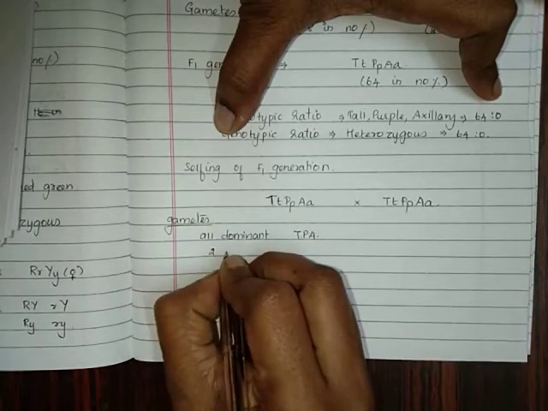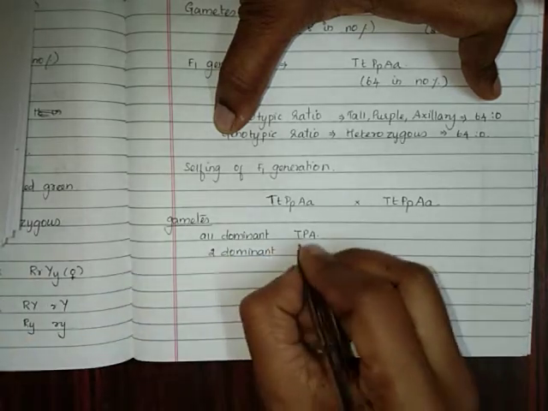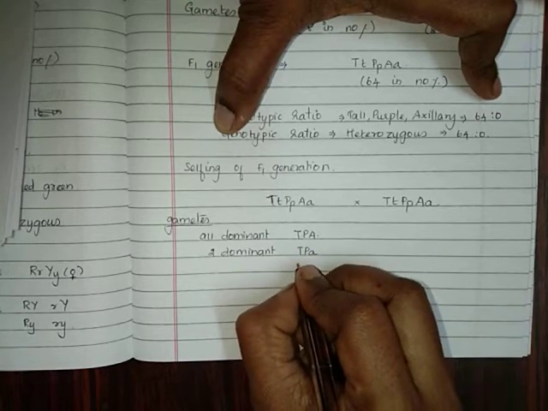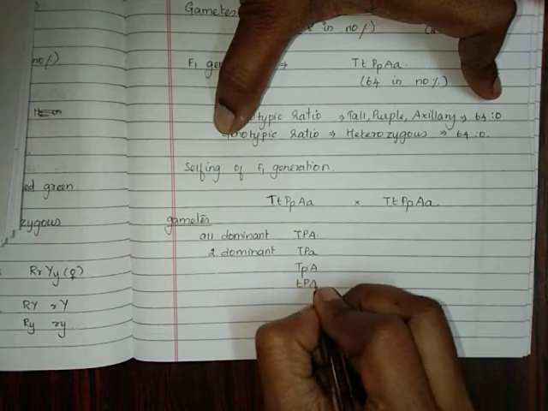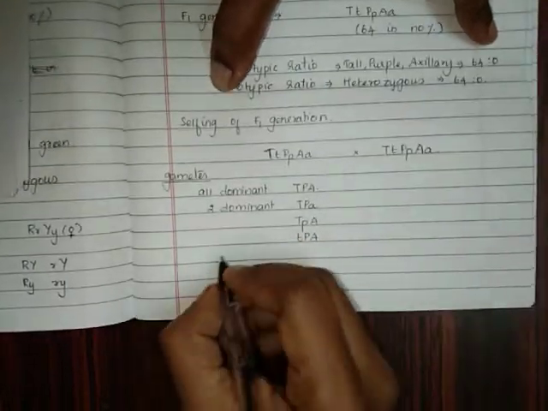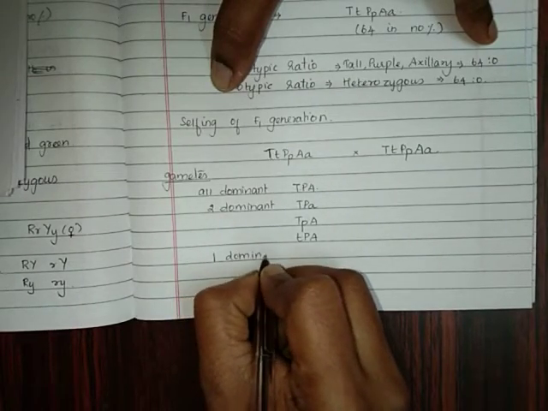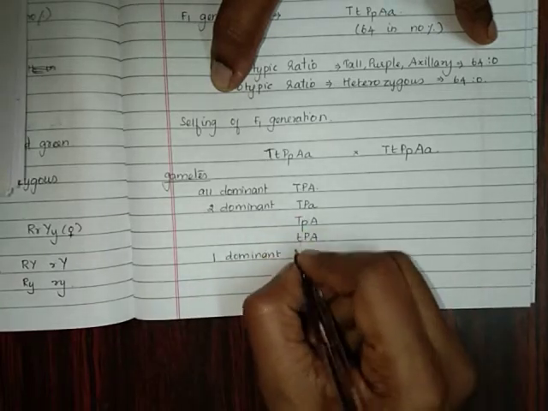The next is 2 dominant alleles. So 2 dominant possibilities எடுத்துட்டோம் அப்படின்னா it can be like this, or it can be like this, or it can be like this. So 2 dominant allelesல 3 possibilities இருக்கு. அதே மாதிரி 1 dominant allele. The next possibility வந்துட்டு ஒரே ஒரு dominant allele, மற்ற ரெண்டும் வந்துட்டு recessive allele.